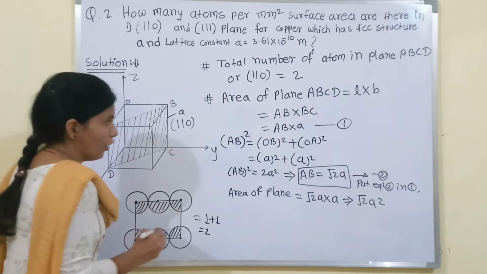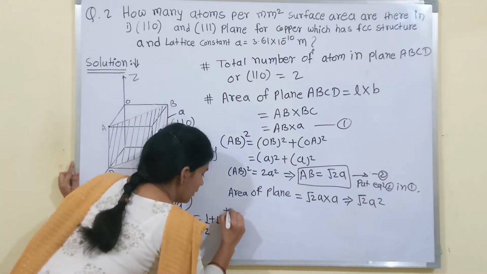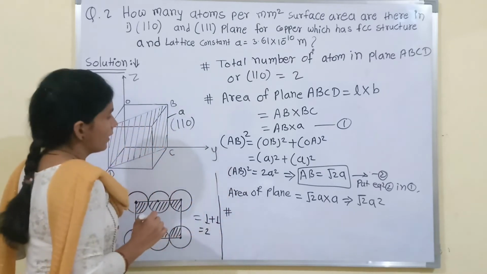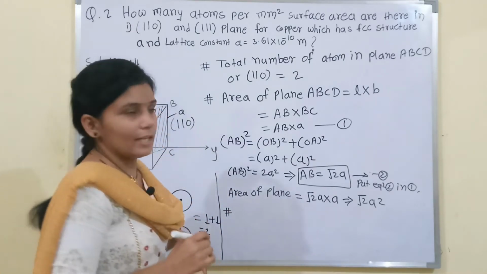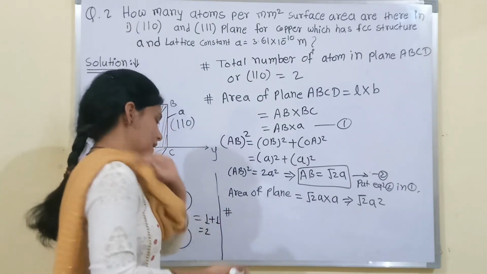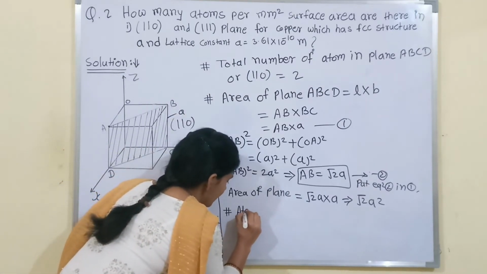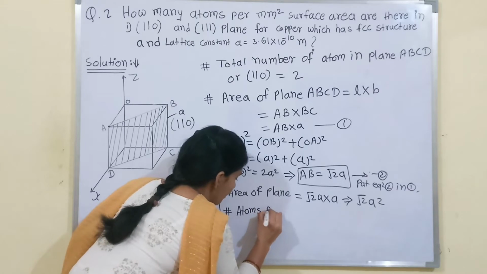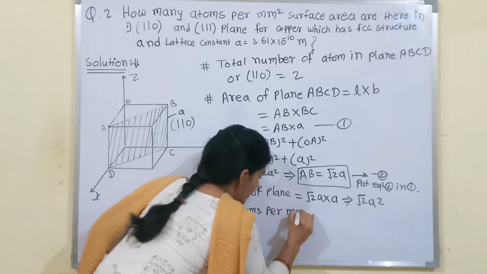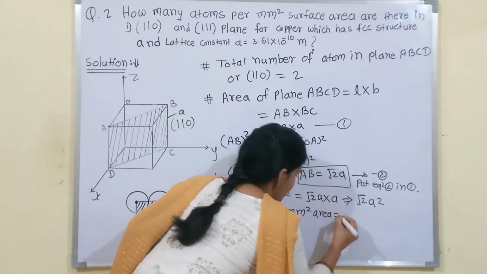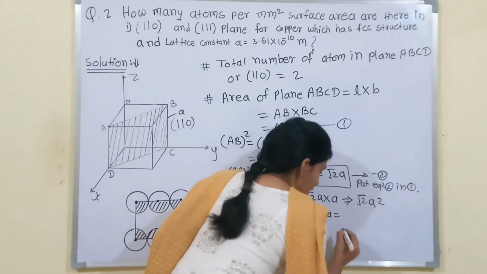So the third thing we have to calculate is the atoms per millimeter square surface area. What is the formula?